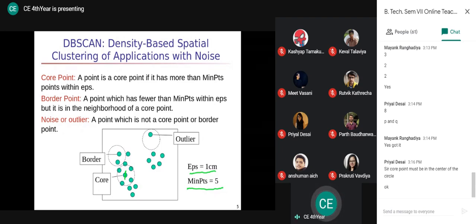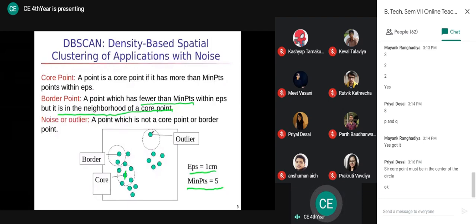Right? Then next definition, border point. So the interesting thing over here is a border point is a point with fewer than min points number of points, but it is in the neighborhood of a core point. Right? So now if you refer to this outlier point as well as the border point, the circles are not exactly centered, but yes, practically the point must be in the center, right?